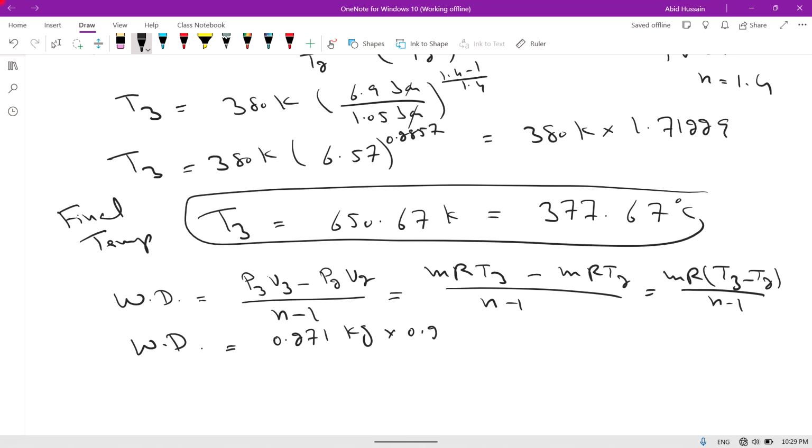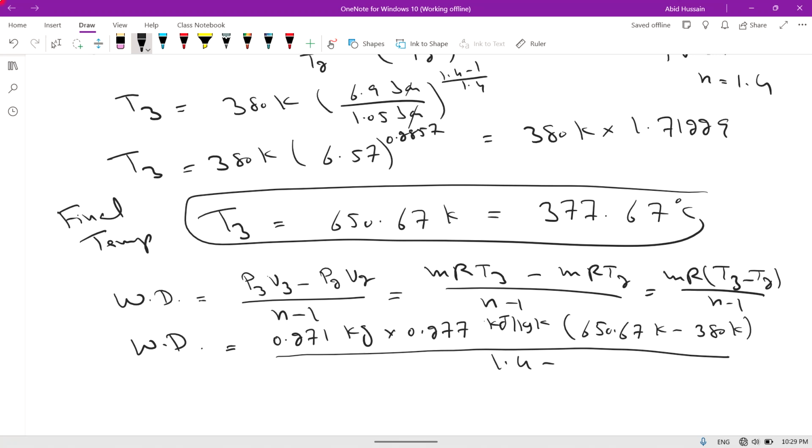R is equal to 0.277 kilojoule per kilogram per Kelvin, and T3 is equal to 650.67 Kelvin minus T2 is equal to 380 Kelvin divided by n minus 1. The value of n is 1.4.